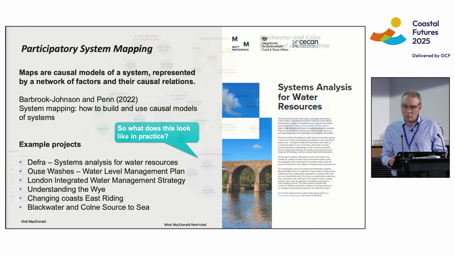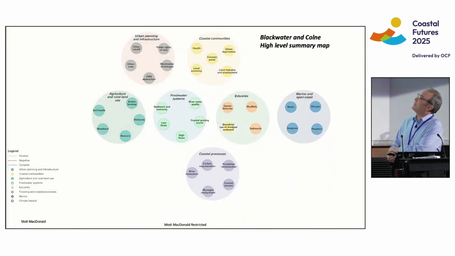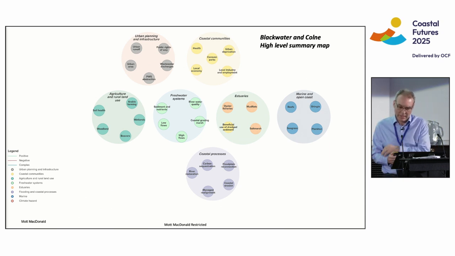So, what does it look like? Well, this is the Blackwater and Colne project, and you can see here we start out by working out what is the scope of the map, and we've got urban planning and infrastructure, coastal communities, freshwater, estuaries, coastal processes, and so on. Now, the interesting thing here is each one of these represents a community of people who really know their stuff.